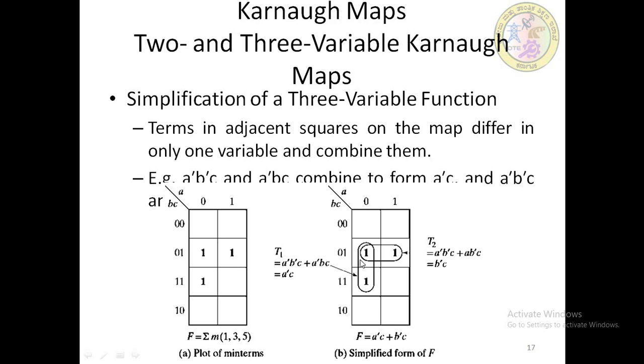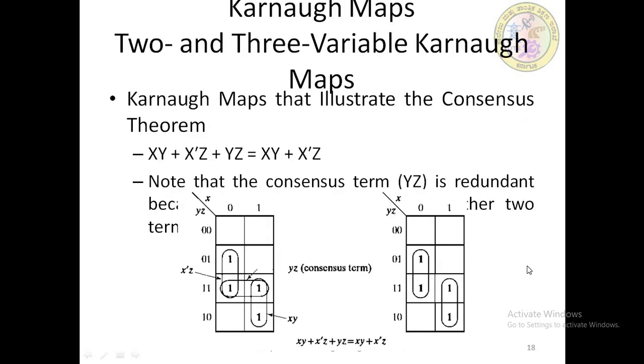Here you can see, in order to simplify the terms, this can be grouped once, and since we have a 1 at the adjacent cell, it can be grouped again with the 1, even though it has been already grouped. So after simplifying this, if we take B bar C as a common term here, A plus A bar is always equal to 1. So it will end up with B bar C.